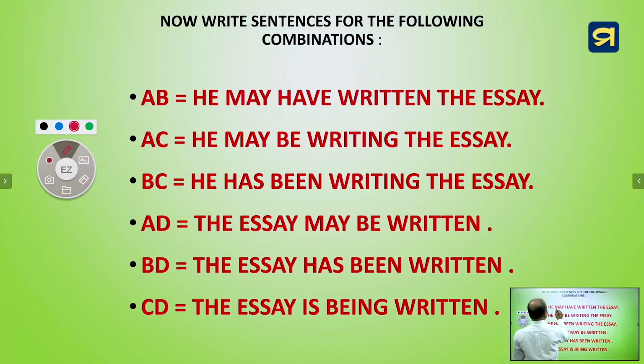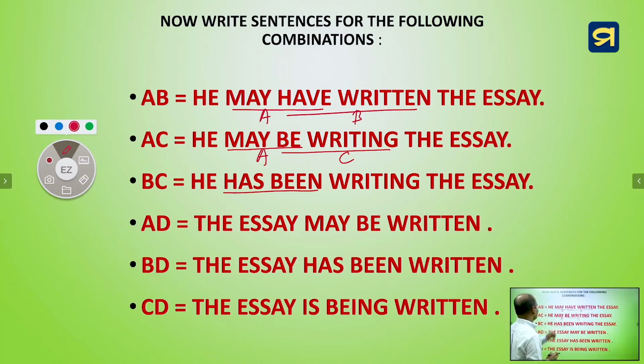In this sentence, may is the sentence structure of A, modal plus main verb, verb 1, and have written is the sentence structure of B. In the second sentence, AC, may be writing: may is the structure of A, and be verb plus main verb-ing is the structure of C. In the third sentence, has been writing, has been is the sentence structure of B, and be verb plus ing is the sentence structure of C.